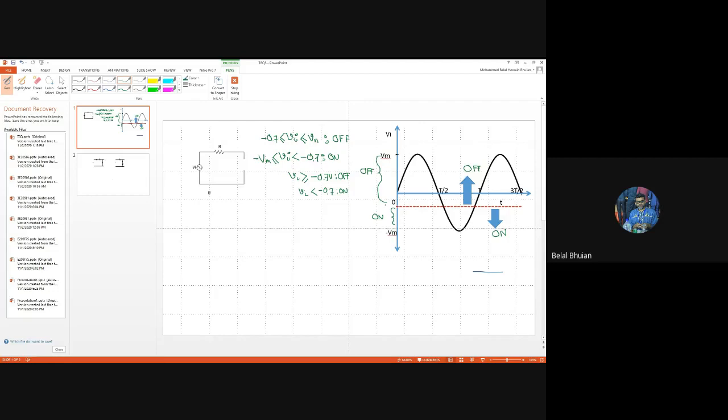Now that we did it in terms of voltage, I can do the same thing in terms of time. How can you do that? For that, you see the transition state line is going to make intersections here, here.